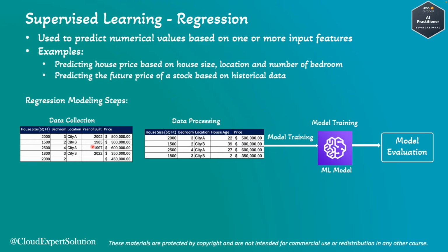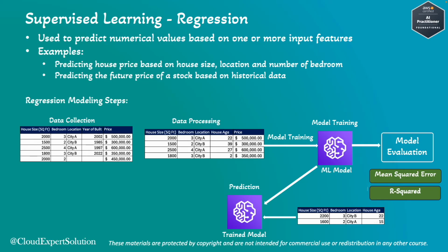Post model training, we perform model evaluation to assess the model's performance using statistical metrics like mean squared error or R-squared. Using these metrics, we try to understand the difference between the predicted and the actual values. And let's assume that we have identified that this is the perfect model for our use case.